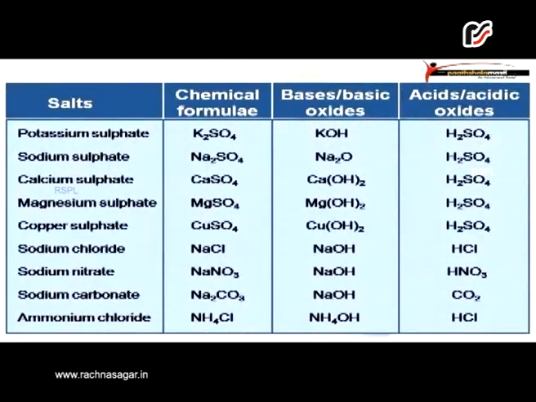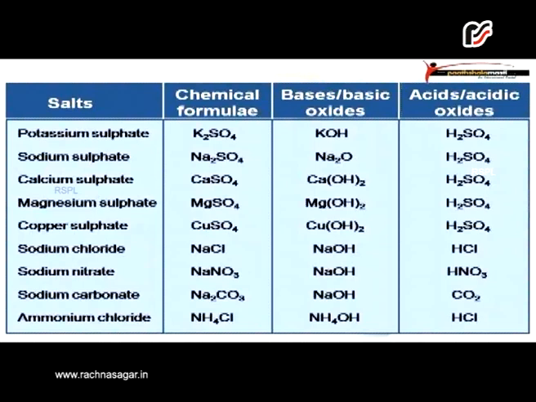Salts are formed by the reaction of bases or basic oxides with acids or acidic oxides. For example, potassium sulfate is a salt. Its formula is K2SO4. It is formed by a base, potassium hydroxide, and an acid, sulfuric acid. Similarly, sodium sulfate formula is Na2SO4.